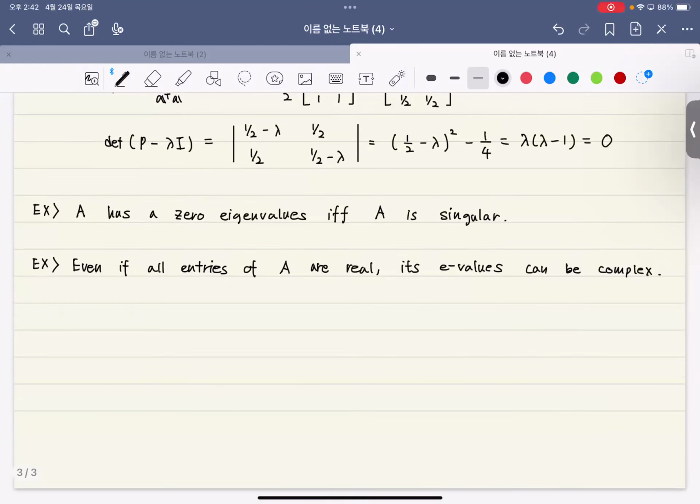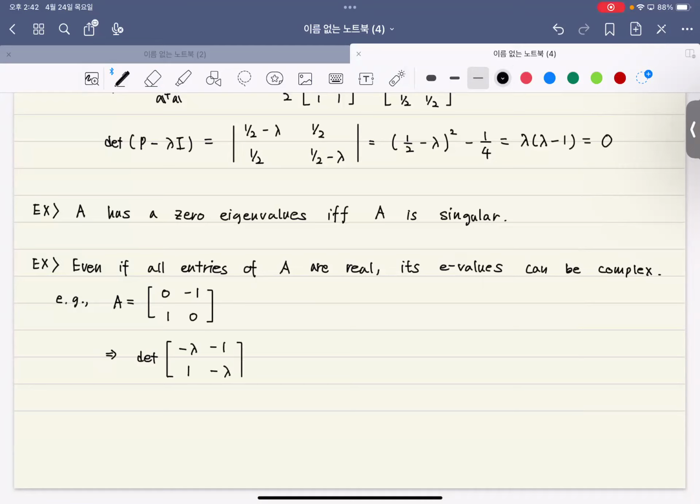I have just come up with a very important example. This is a 2x2 matrix, a very easy matrix, whose entries are all real numbers. Let me try to find the eigenvalues of this. The determinant of minus lambda, minus 1, 1, and minus lambda.